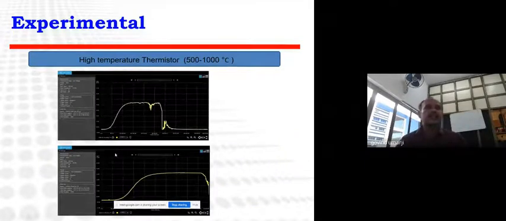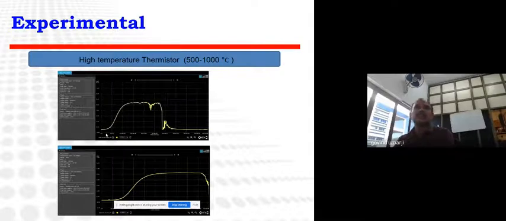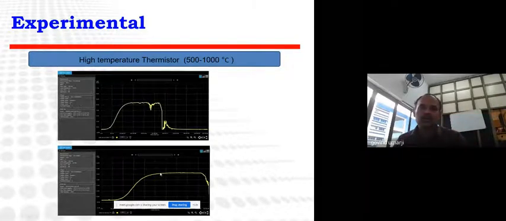What we observed in this case, when we actually started, is that the thermistor started getting saturated below 500 degrees Celsius. That means we cannot get a highly resistive material to begin the sensing from 500 to 1000 degrees Celsius. That's why we thought the composition, or the weight percent of the functional material, is very less.